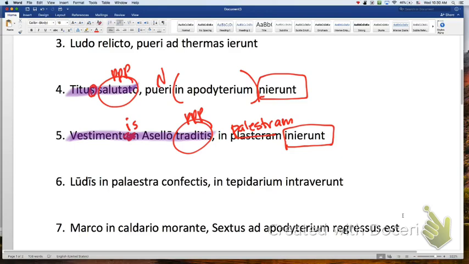Yeah, I was thrown off by it. I was looking at my papers. And that's a PPP, right? Vestimentis? No, vestimentis is a noun. Traditis is your participle. It's palaestram. It's a mistake. Put the E after the ST.